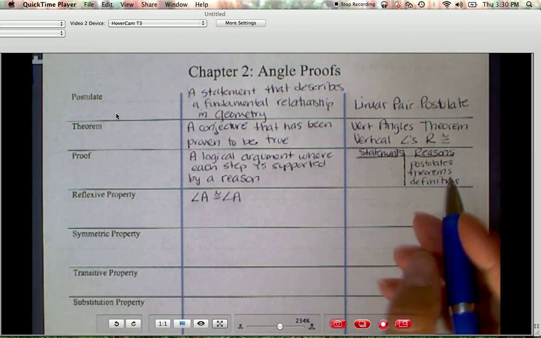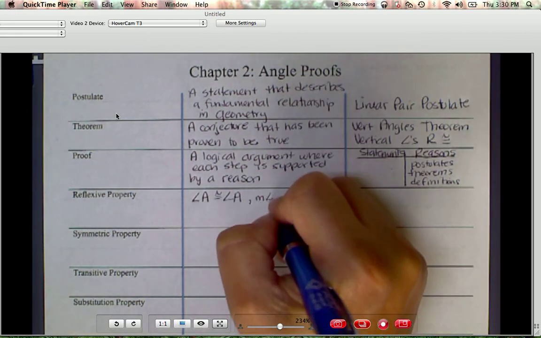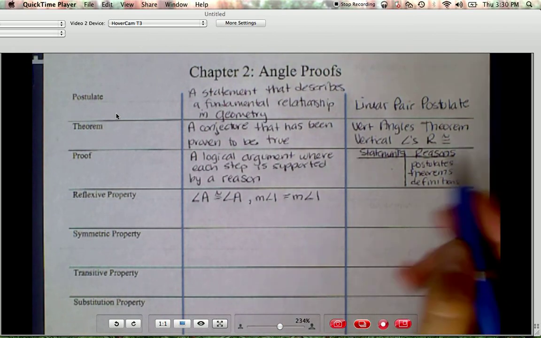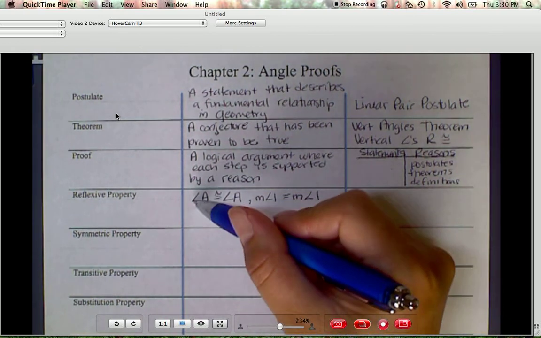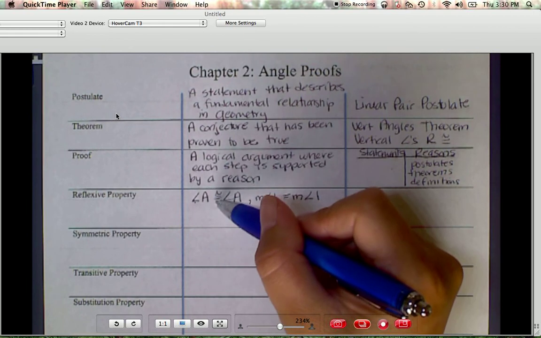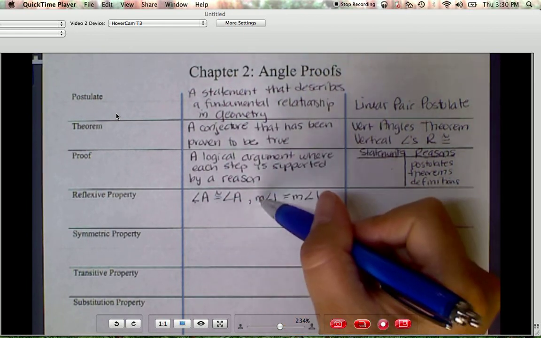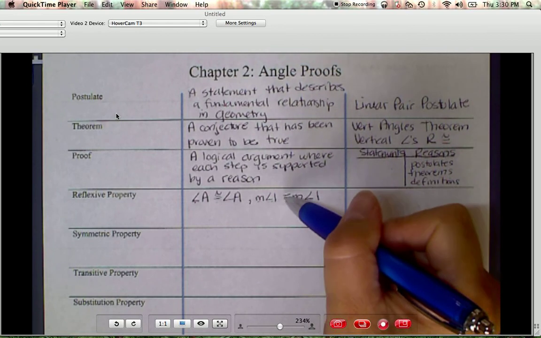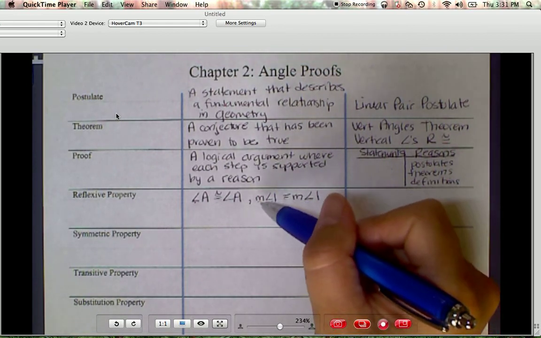Reflexive property could also be the measure of angle 1 equals the measure of angle 1. So if you're doing angles as pictures, they are congruent. If you're saying a measure, the measure of this angle, and you want to say they're equal, then you would have to use an equal sign, because the measure is a number.